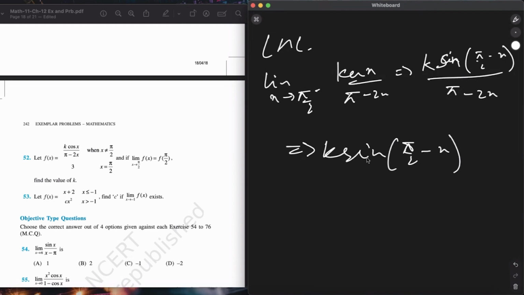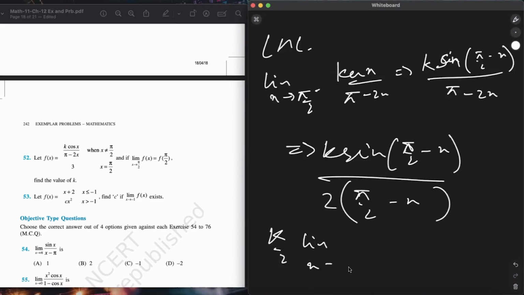So this whole thing has been divided by what? Pi minus 2x is 2 times pi by 2 minus x. So I'll just take k by 2 out common, and there's a limit for x tending to pi by 2, and there's sin of pi by 2 minus x divided by pi by 2 minus x.